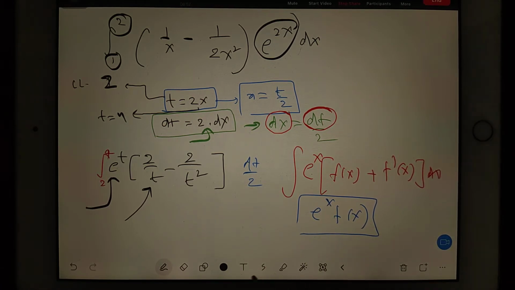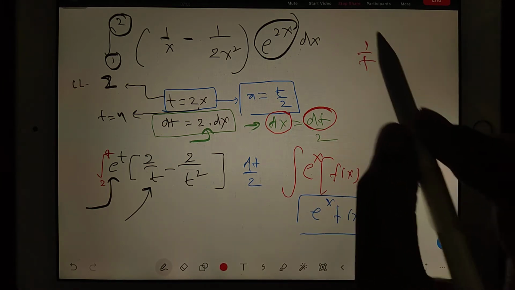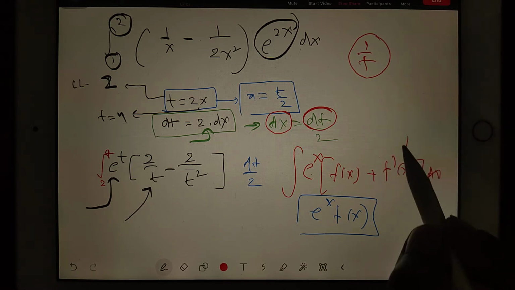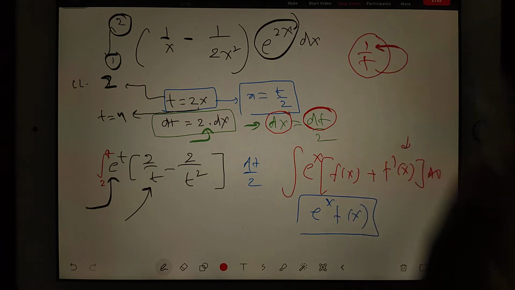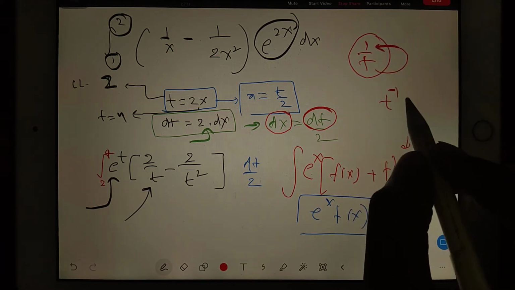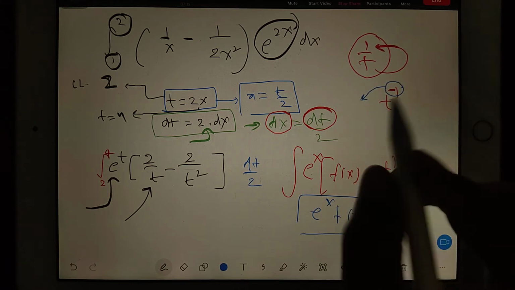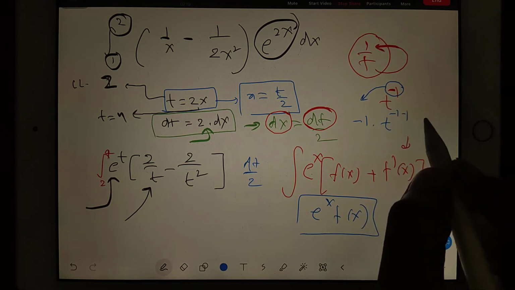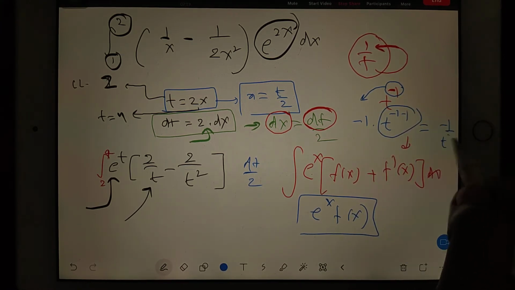Because you know how we differentiate 1/t. First you take this as t^(−1). The procedure is, you take this −1 to this side and subtract 1, so it becomes t^(−2), which is −1/t².